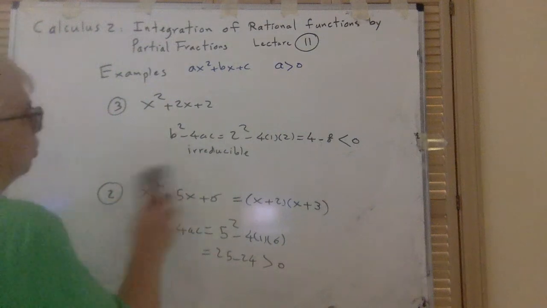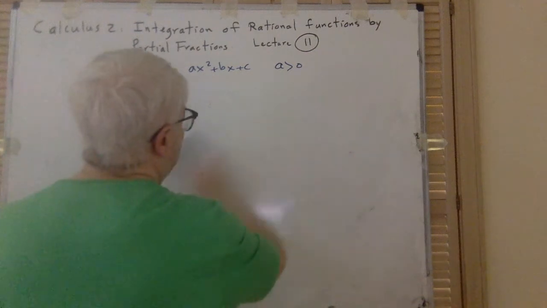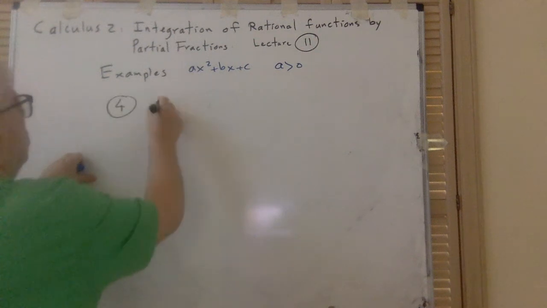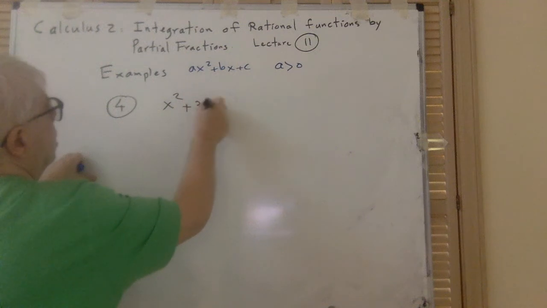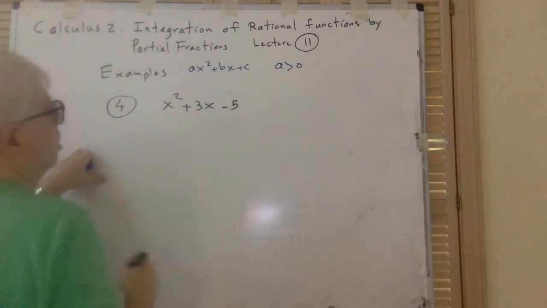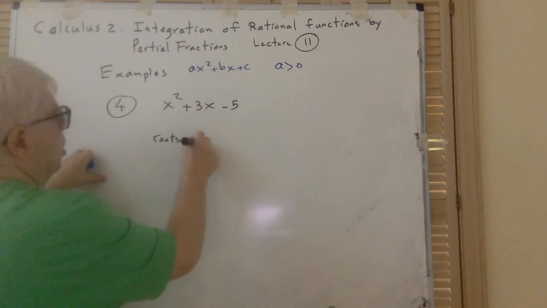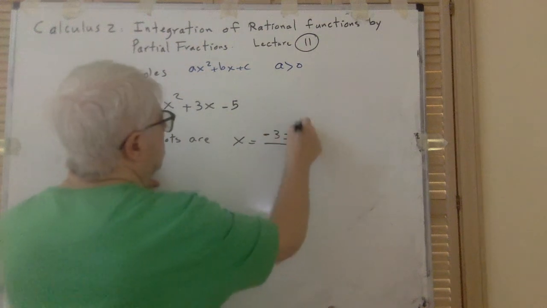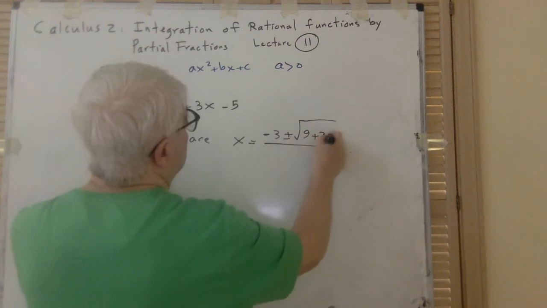So let me factor one for you. So if I have, let's say, x squared plus 3x minus 5, the roots are x is minus 3 plus minus square root of b squared, which is 9 plus 4 times this 20, right?